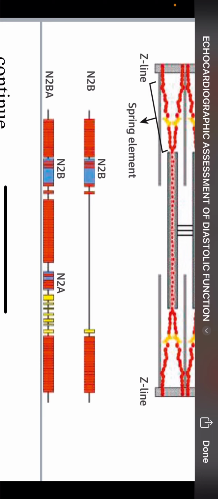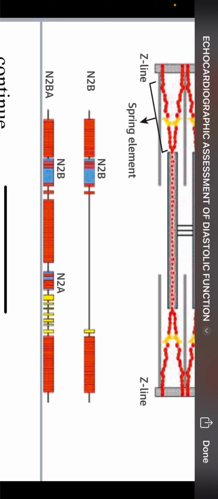In a normal heart, the stiff titin predominates. In patients with, for example, dilated cardiomyopathy, the ratio is changed, and the compliant one becomes the majority. So who is the stiffer one? The stiffer one is N2B. The compliant one is N2BA.